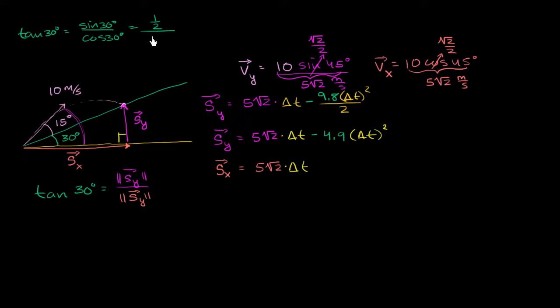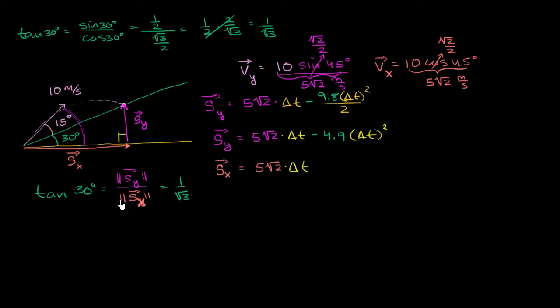And the cosine of 30 degrees is the square root of 3 over 2. So this is equal to 1/2 times 2 over the square root of 3, which is equal to 1 over the square root of 3. So we get the magnitude of our vertical component over our horizontal component is equal to 1 over the square root of 3.